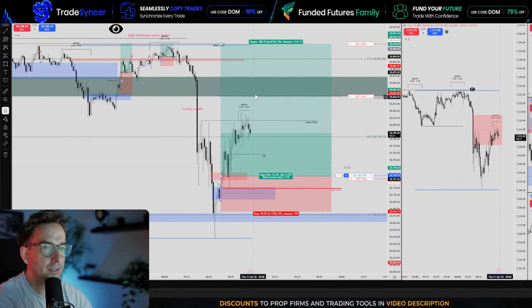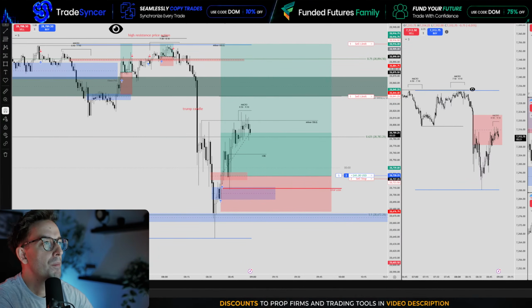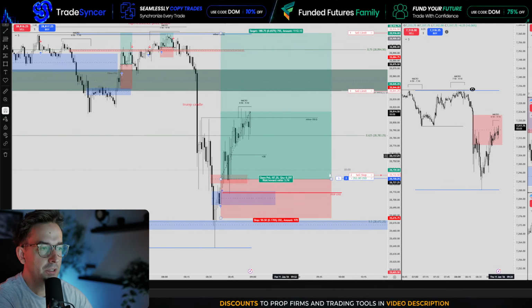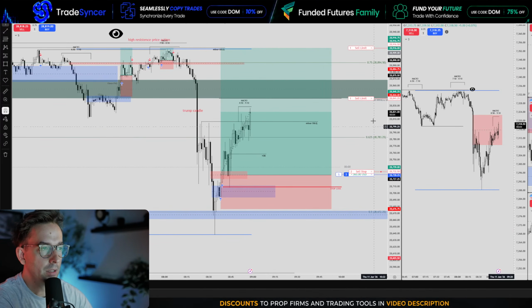I just wanted to get to this level right here. Right now, we've respected this quadrant nicely. We're pushing to the upside. I'm moving my stop loss to technically $10, right?